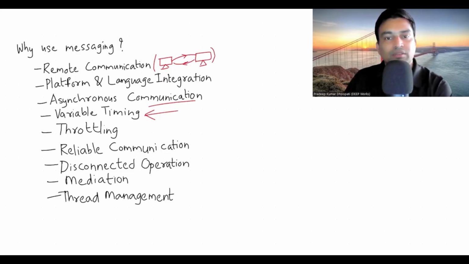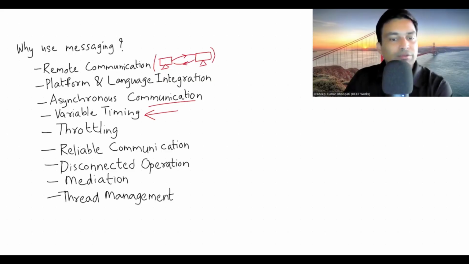Whereas in asynchronous communication, the caller does not have to wait for the response or acknowledgement from the receiver. So the caller can batch requests to the receiver and perform other tasks without waiting, and the receiver can process those messages at its own pace and send back the response or acknowledgement using a callback mechanism.